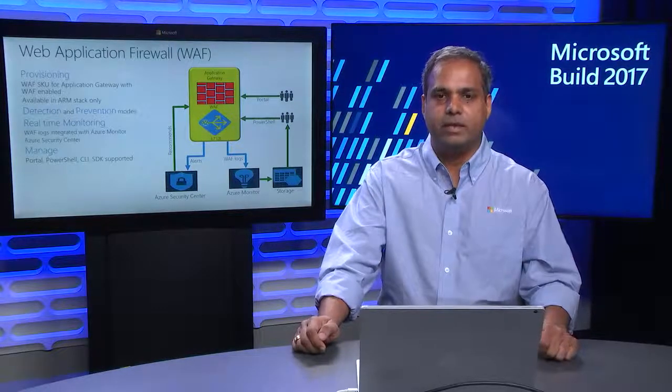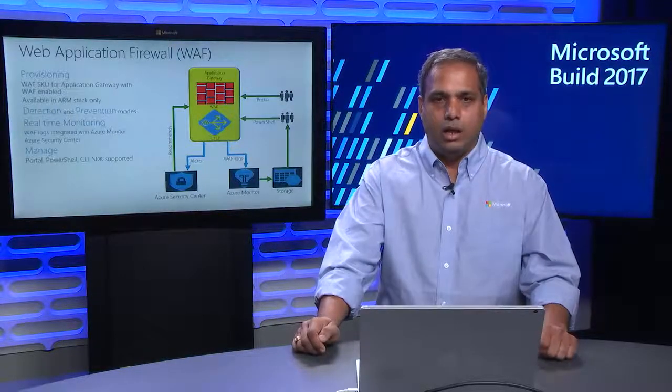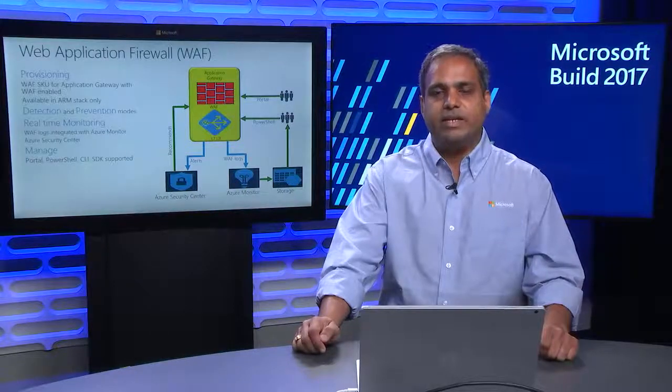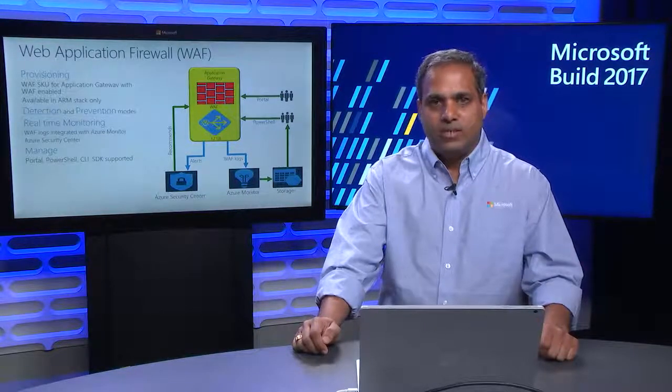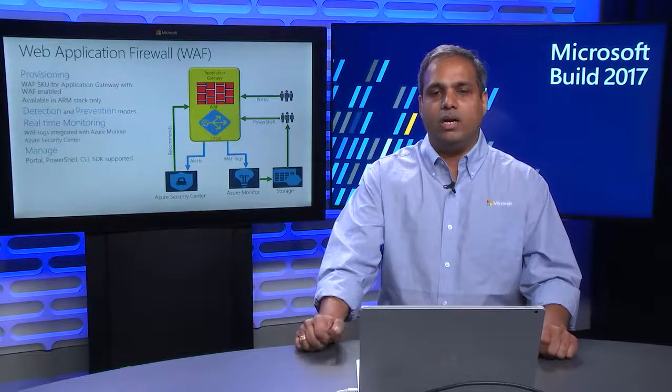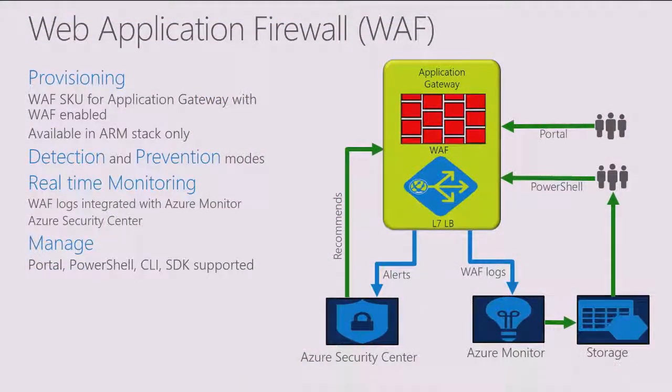Therefore, monitoring becomes a key requirement. Azure WAF integrates directly with Azure Monitor, which is a uniform way for all Azure resources to send log data and integrate with alerts. Azure WAF also integrates with Azure Security Center, and I'll cover that in the next slide as well.